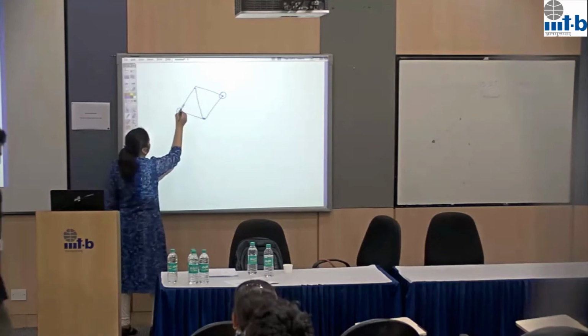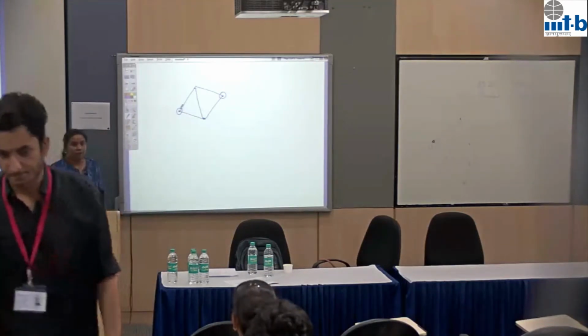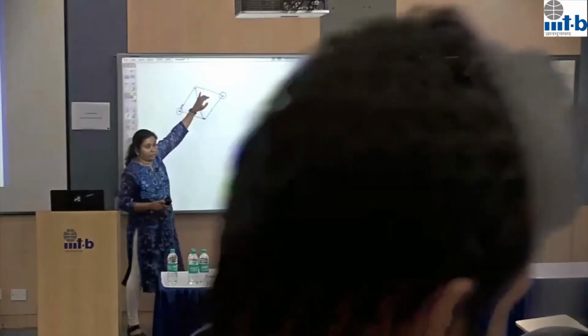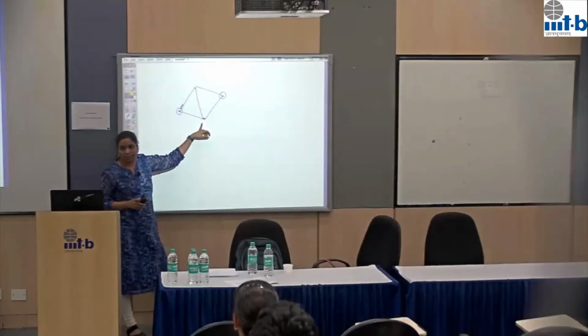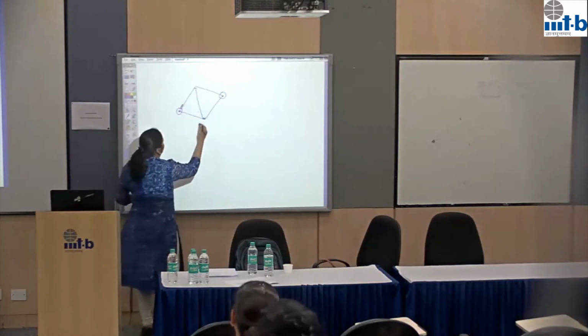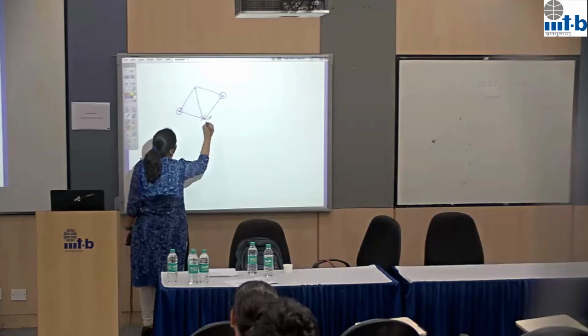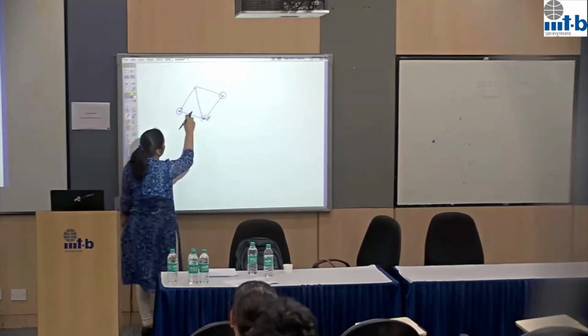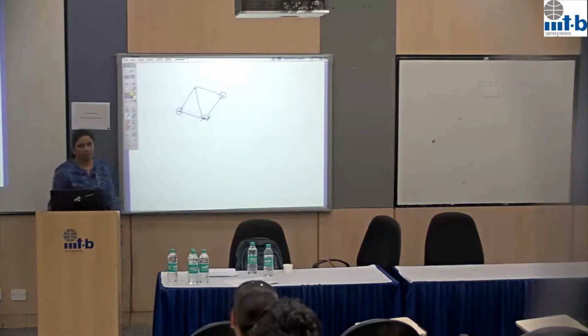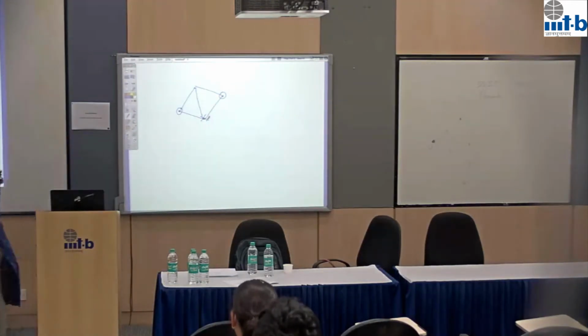So these two vertices, if you remove these two vertices from the graph, you get only this edge and it is acyclic. Or you can even take one of these vertices. If you just remove this vertex, all these edges will be deleted. What you get is a path. Again, acyclic.